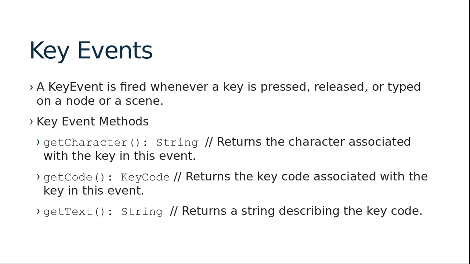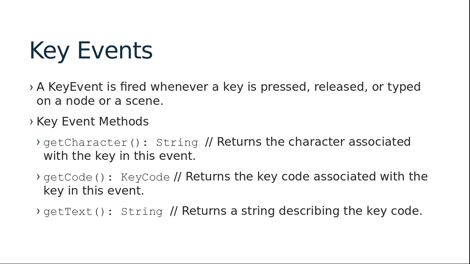Get character method will give you the string corresponding to the key pressed. Get code method will give you the key code. We will see what the key codes are next. Then get text will again give you the string describing the key code.